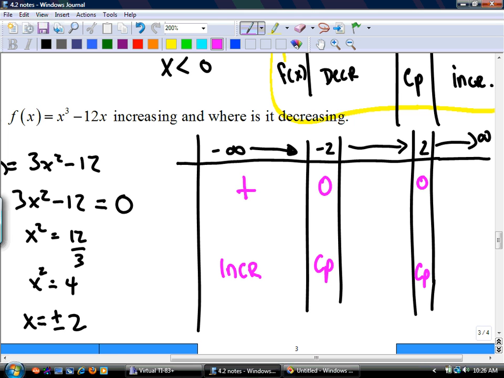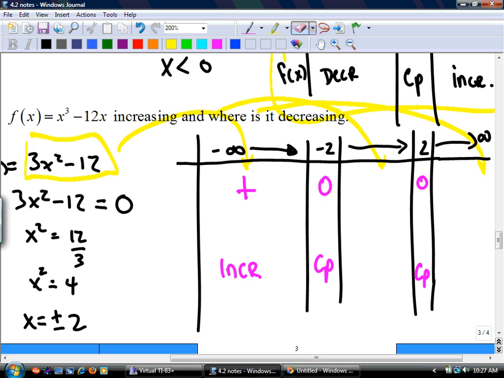Everybody pick a number between negative 2 and positive 2. Into the derivative. What number do you really think I could pick?